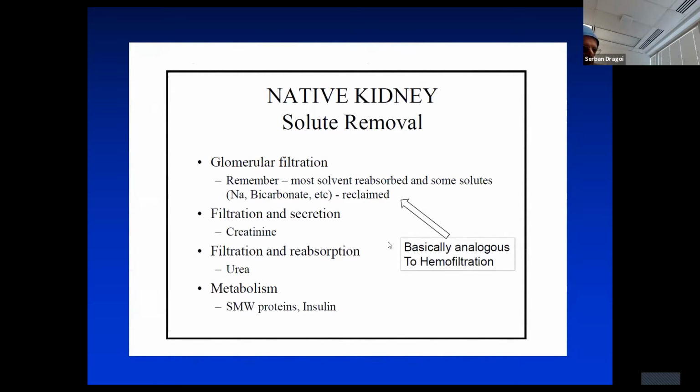So here is the analogy with hemofiltration. This reclamation is like you're filtering and throwing away all that fluid that goes into the sink in the ICU for CVVH patients, and then naturally we reclaim that with these engines of sodium reclamation that drag water and all these things to be reabsorbed. In the ICU, of course, we're just giving them replacement fluid, those big bags laying by the sink in the middle of the nursing station.